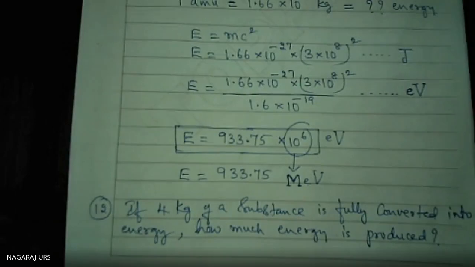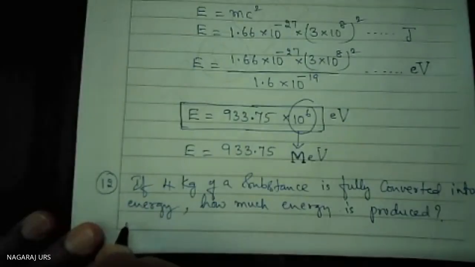Jilfi Joy, switch on your microphone. Yes, sir. Okay, ma, just you read this. What data are given? You tell me, I will write it here. Mass equal to 4 kg. Mass is represented by which symbol?